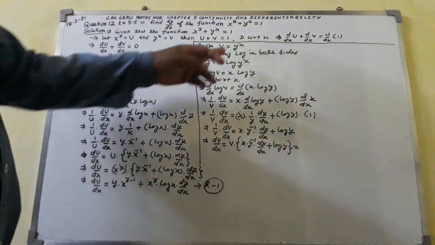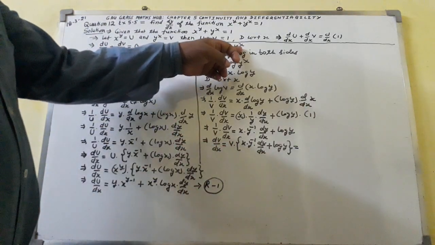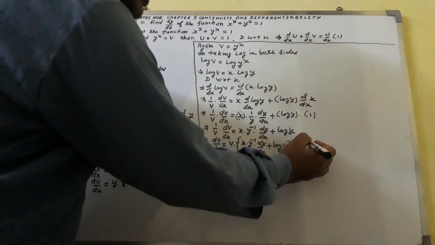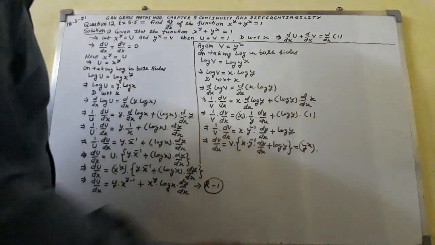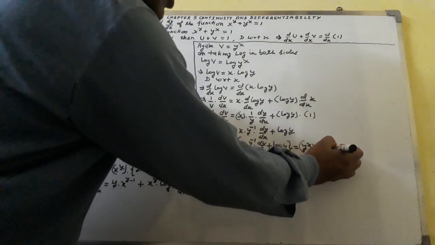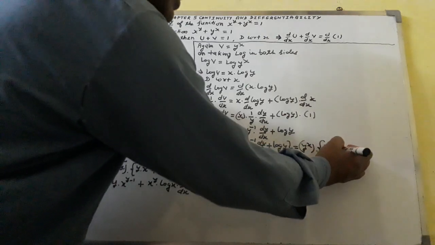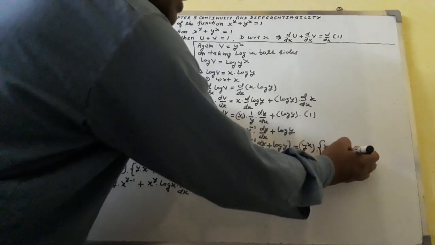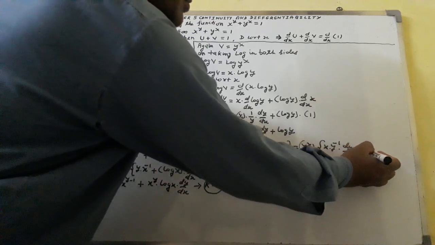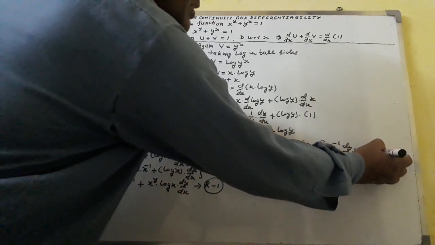V I shall get from this place: v is equal to y raised to power x. So write y raised to power x, open curly bracket x dot y raised to power minus 1 dot dy over dx plus log y.